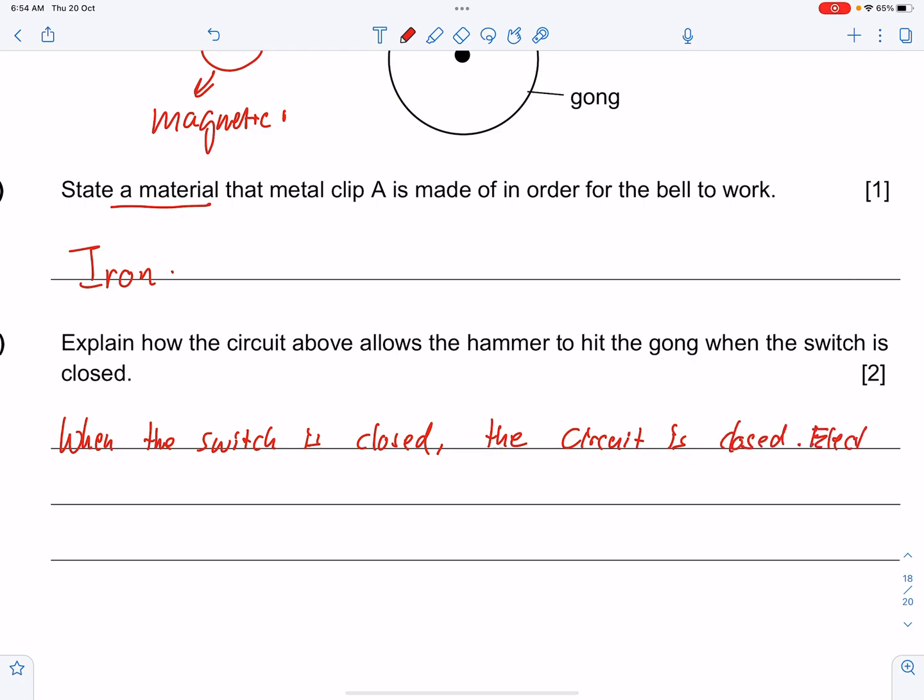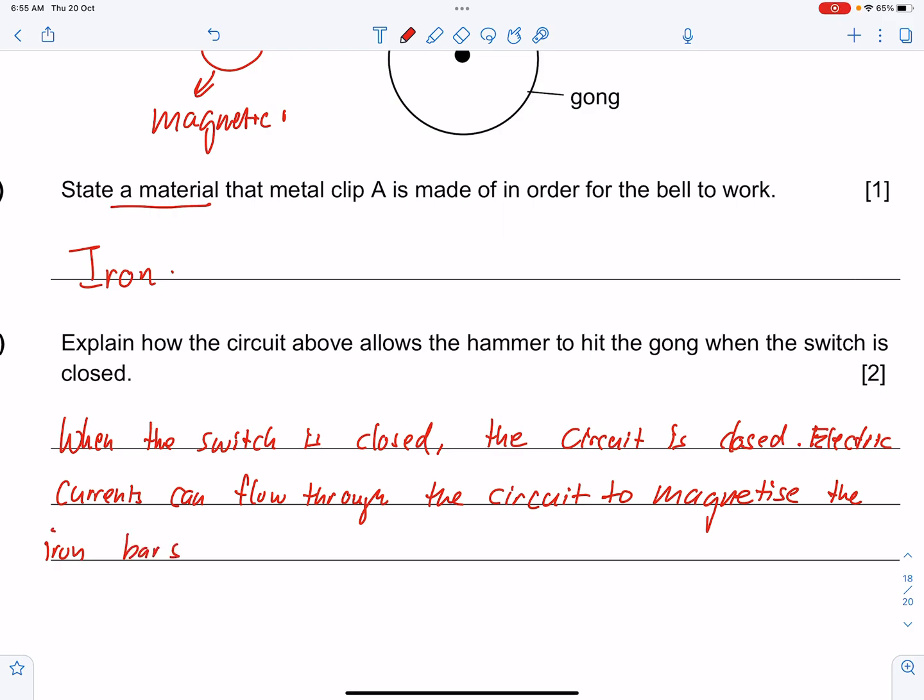Electric currents can flow through the circuit. Please flow through the circuit. Don't just flow through, okay, to magnetize the iron bars.